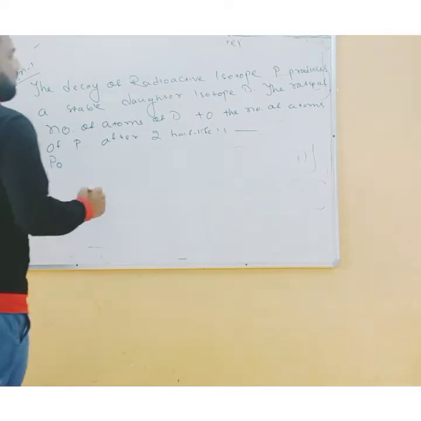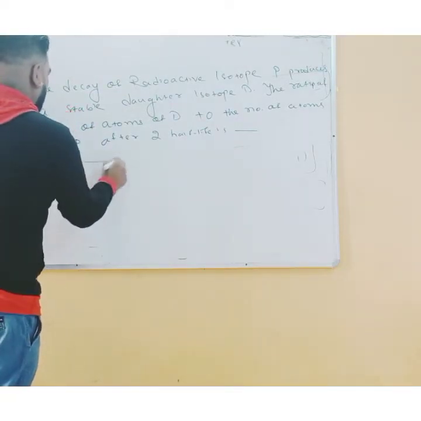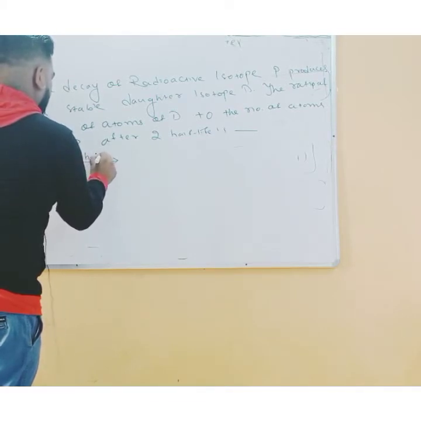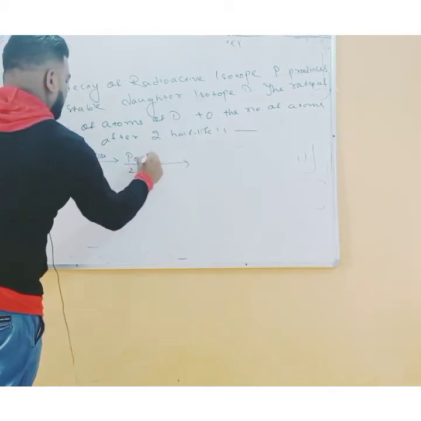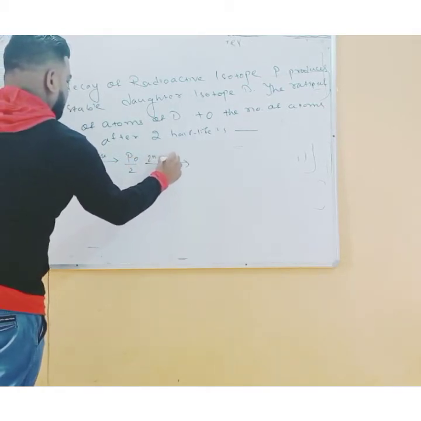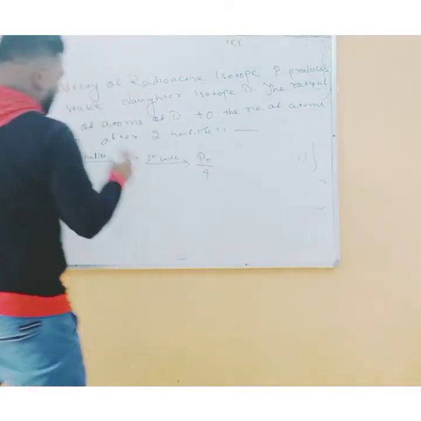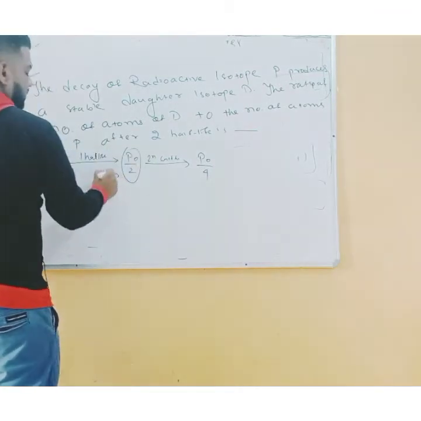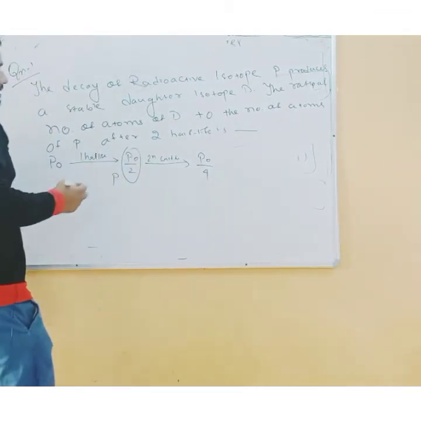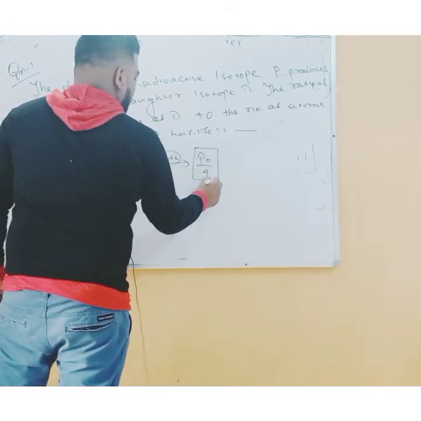After 1 half-life, P will be P naught by 2, because it reduces to half of its initial concentration, and after the second half-life, P will be equal to P naught by 4.